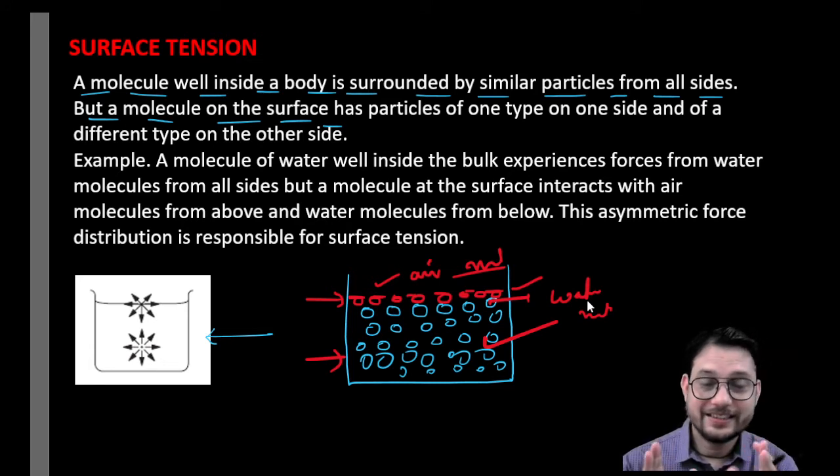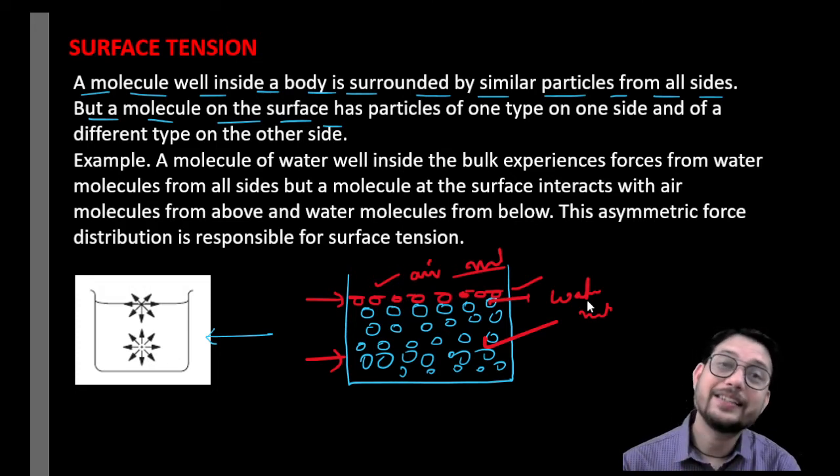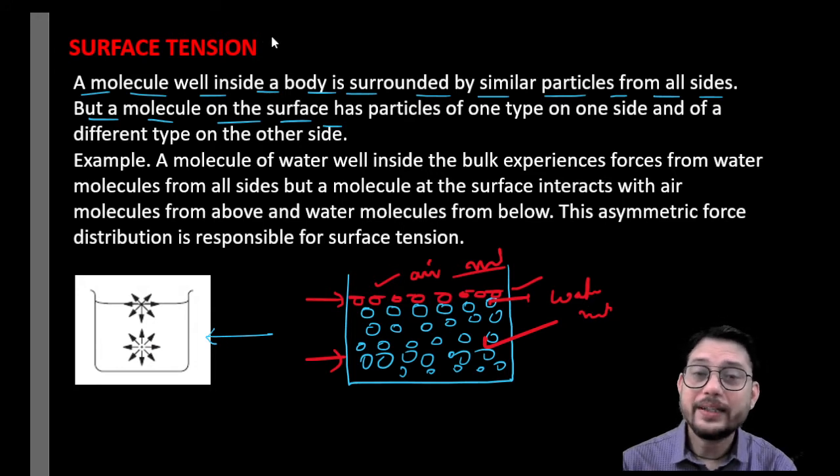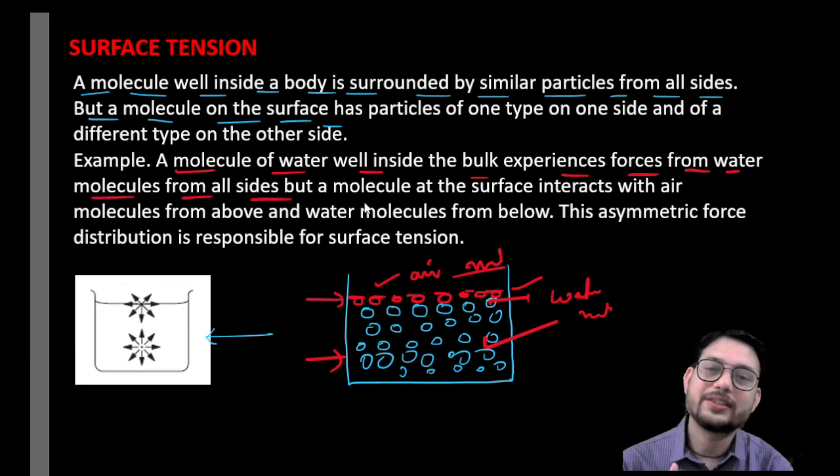So this is the basic difference between the molecules of the surface and the molecules at the deeper level. I hope this basic difference is now clear in your mind. Now we can say that a molecule of water well inside the bulk experiences forces from water molecules from all sides.